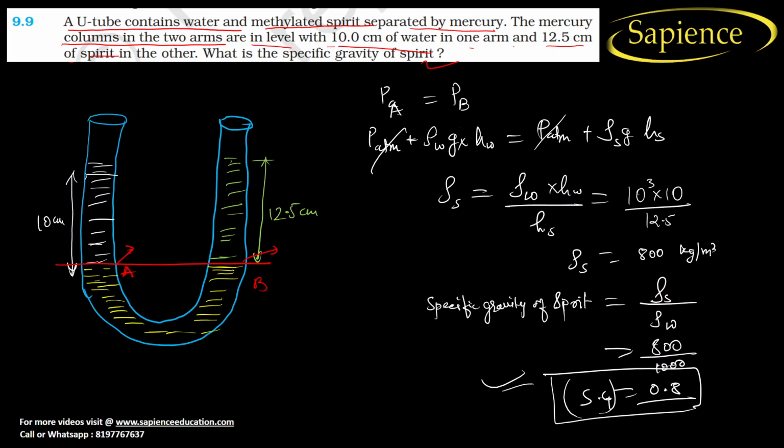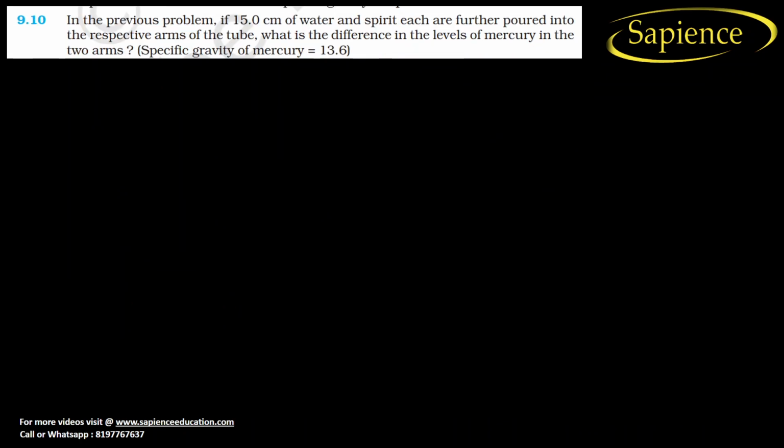Okay, now let us solve question number 9.10. In the previous problem, if 15 centimeter of water and spirit each are further poured into the respective arms of the tube, what is the difference in the level of the mercury?